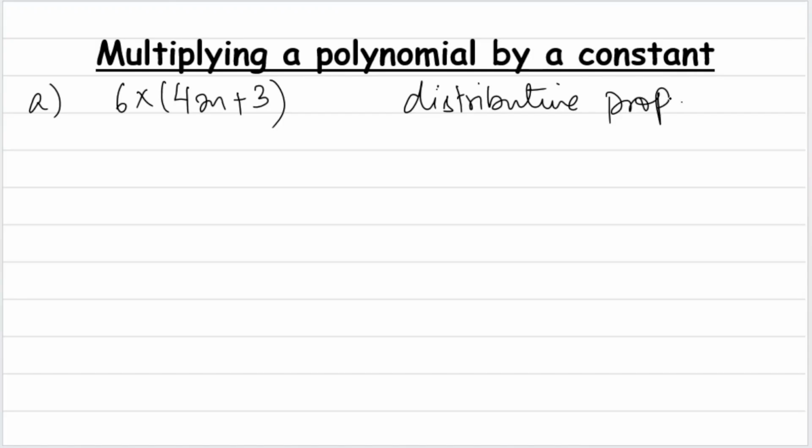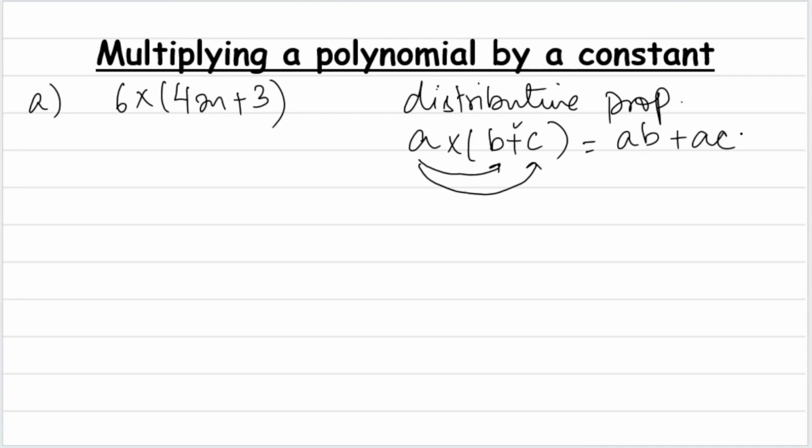The distributive property says when a number is being multiplied by two numbers inside the parenthesis, then this number distributes or multiplies equally with the two numbers inside the parenthesis. That means A and B will get multiplied, and then I will have this plus sign, and then A will be multiplied with C.